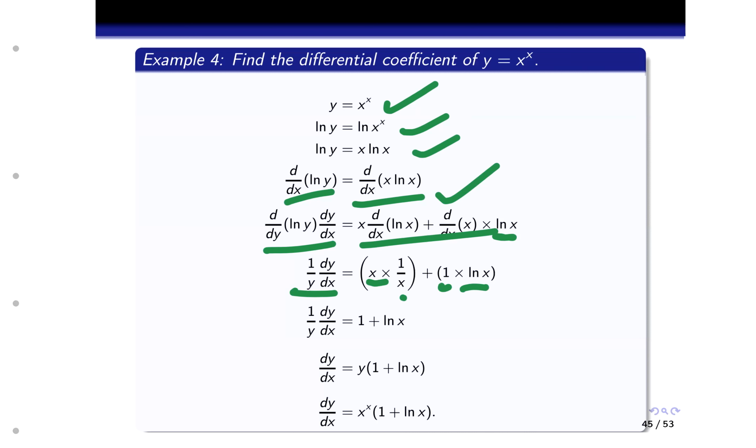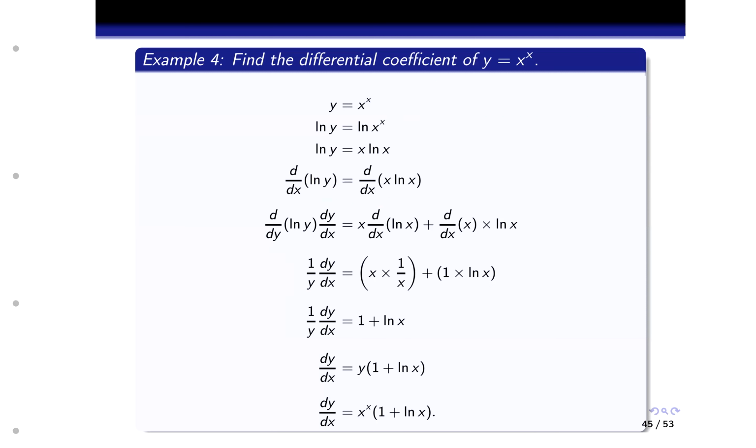So we try to tidy all that up. So we have 1 over y dy/dx, x cancels x, so you have 1. 1 times ln x is ln x. So you can multiply both sides by y, y times all of that. So you have y canceling out here, so that dy/dx becomes y times (1 plus ln x).